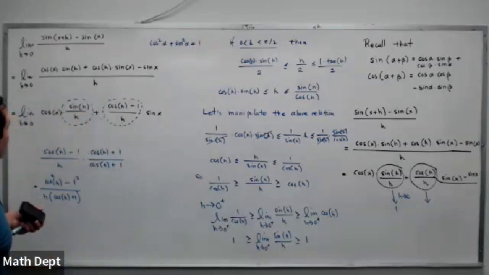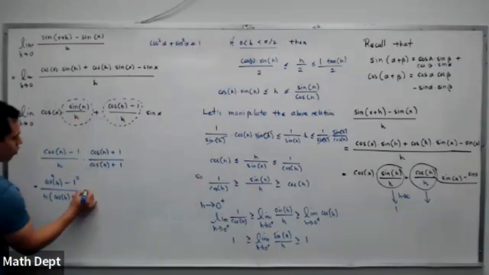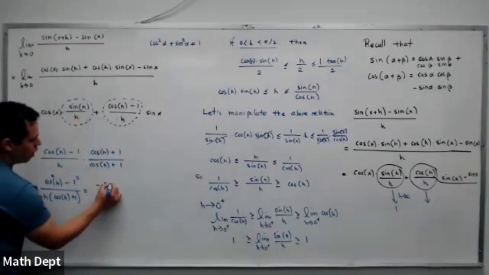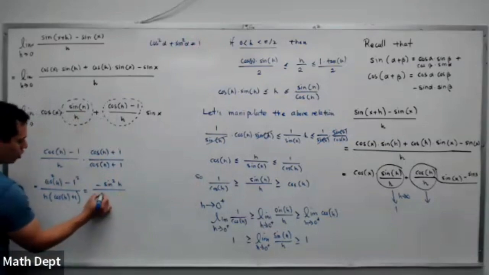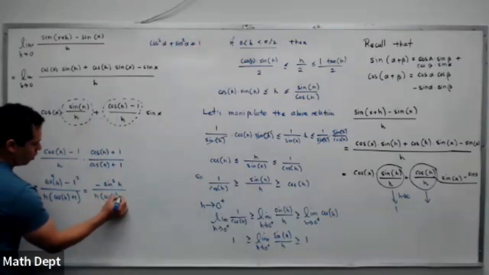That difference can be manipulated into something that looks like this. So this is in fact nothing else but negative sine squared. So I'm going to introduce it in that fashion. This is negative sine squared of h divided by h times cosine of h plus 1.